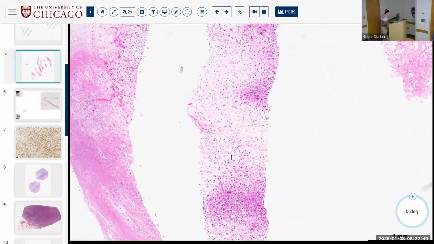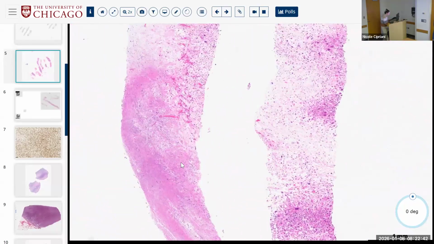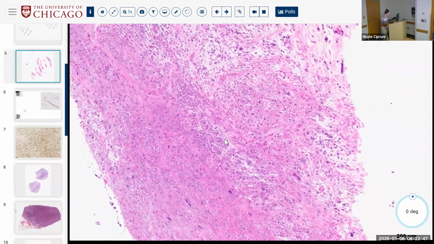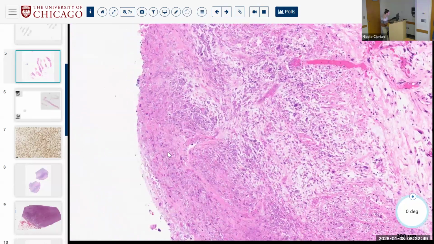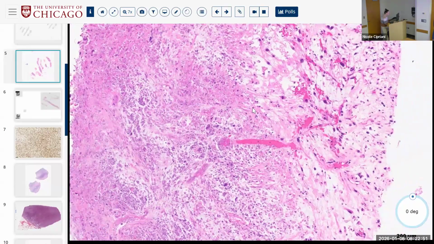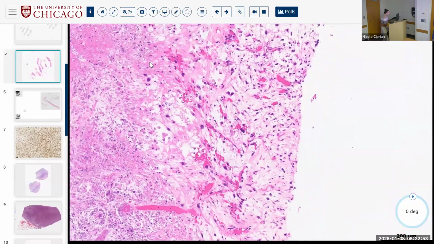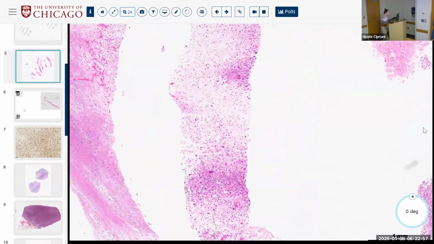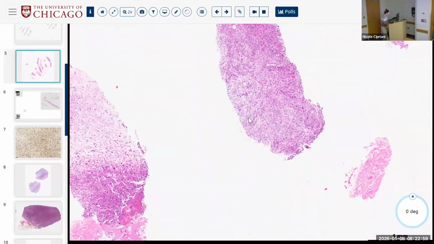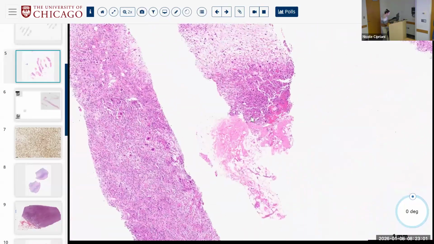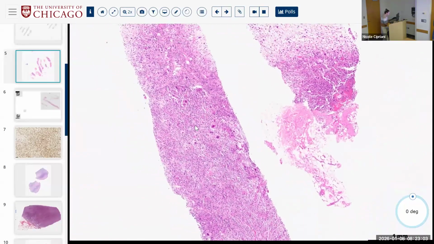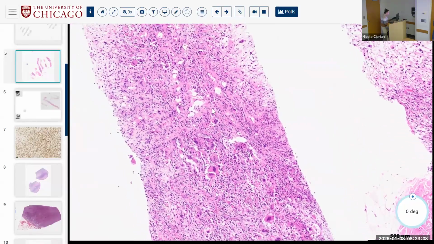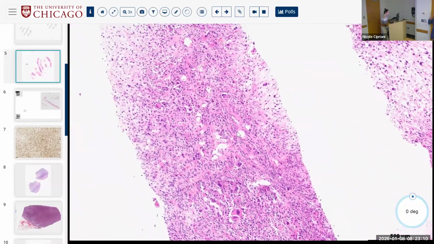We have areas that are more cellular. I'm not sure if that's artifact or associated with the lesion, and then some necrosis also associated with it. But so definitely malignant. I guess with the location near muscle and some, maybe you could argue, rhabdoid and spindle things, you might pull out something that's myogenic.